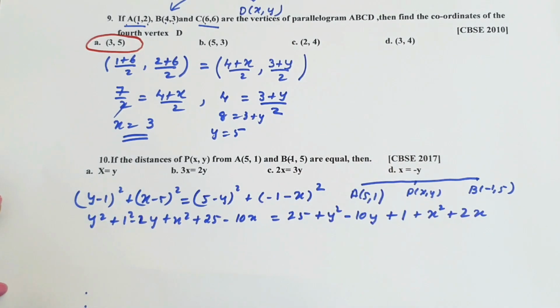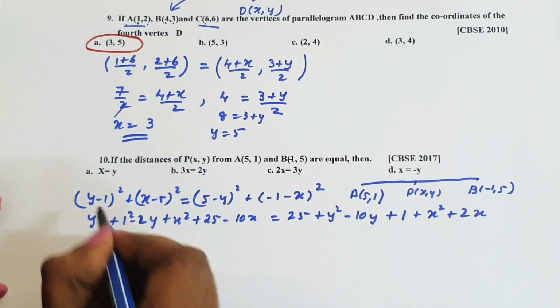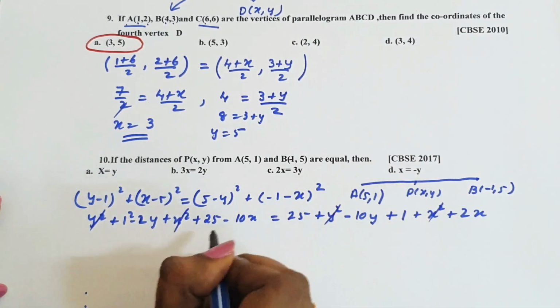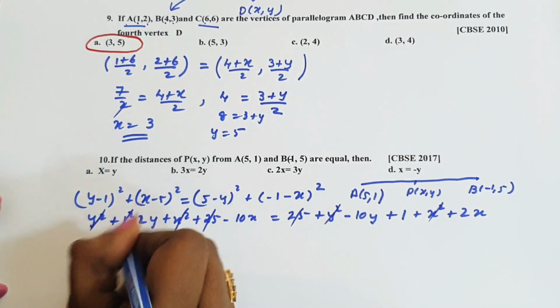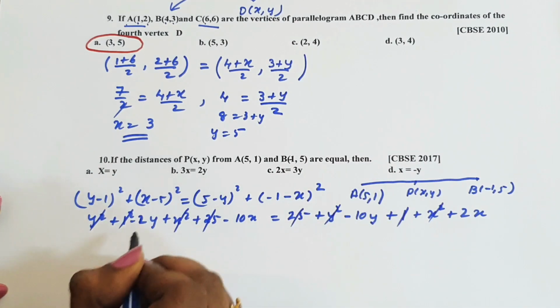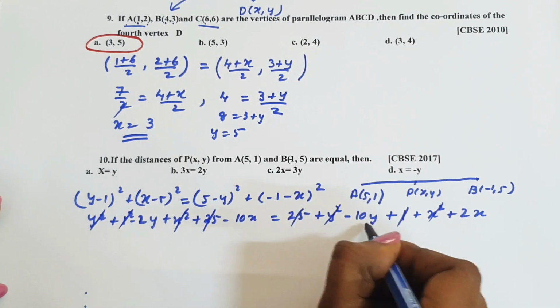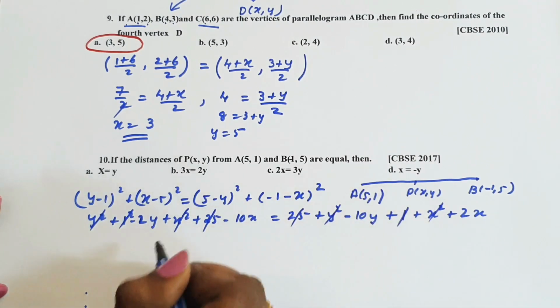Okay, now let's see what all terms we can cancel. We can get rid of y square and y square, x square and x square. There is a 25 and a 1 on both sides. So what are we left with? Minus 2y minus 10x, and a minus 10y and plus 2x.